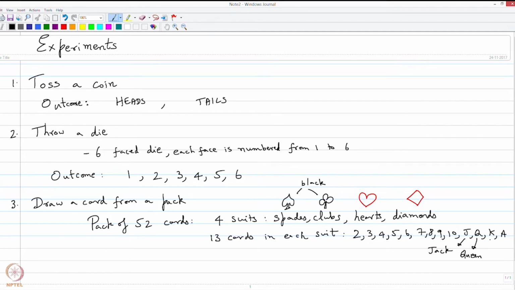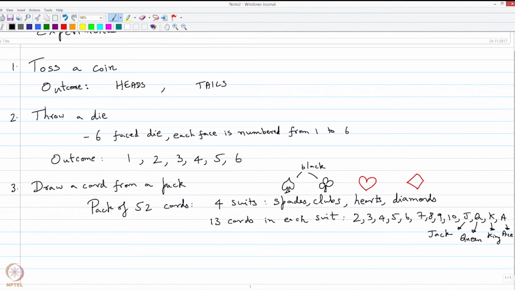So, these are the 13 cards in each suit. I am not going to try and draw the jack and the queen and the king for you, it will be really too ugly if I draw it. Hopefully, you have seen a pack of cards before, that is how it looks. So, I need some sort of notation to describe the outcomes.